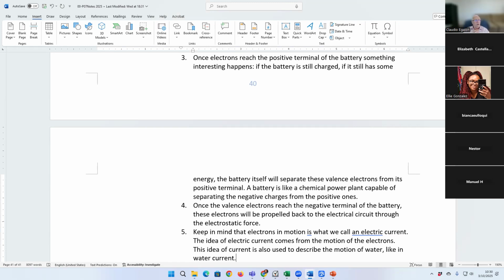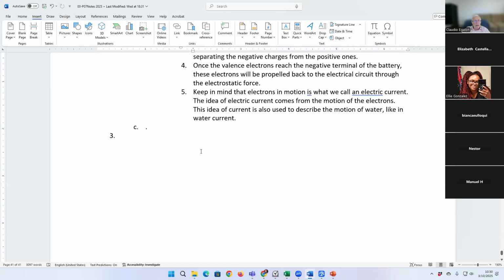So the idea of current is a generic term that applies to the motion of something. Current of people, current of water, current of electrons, right? And now we can start talking about our very first concept that's very important.